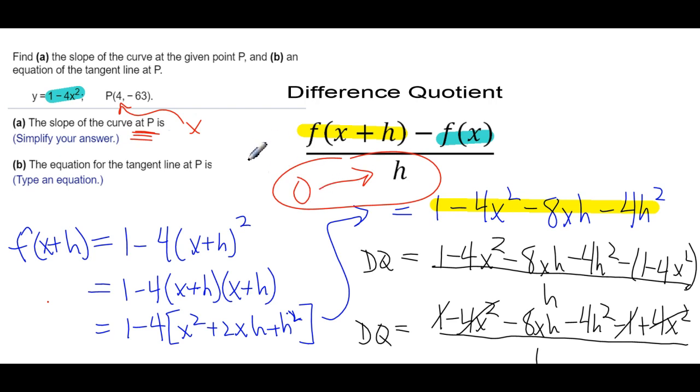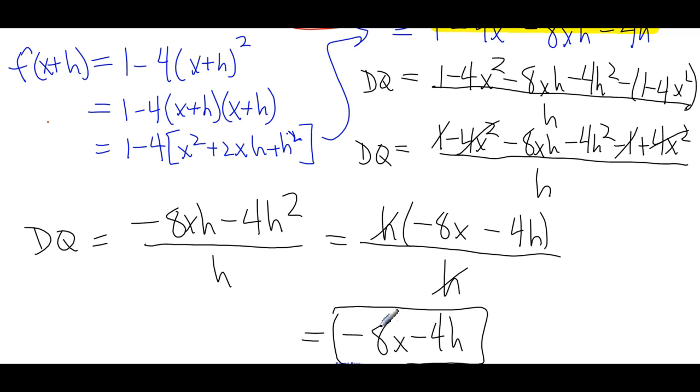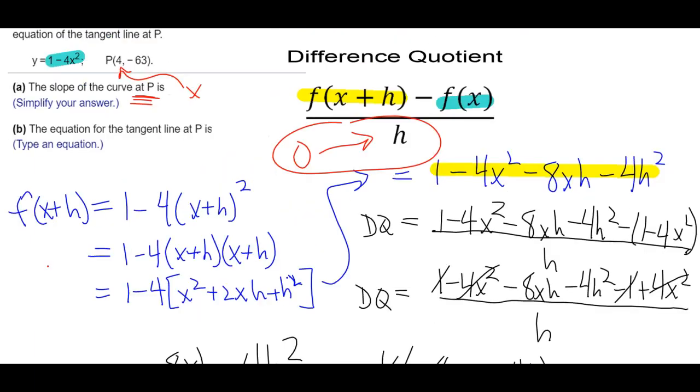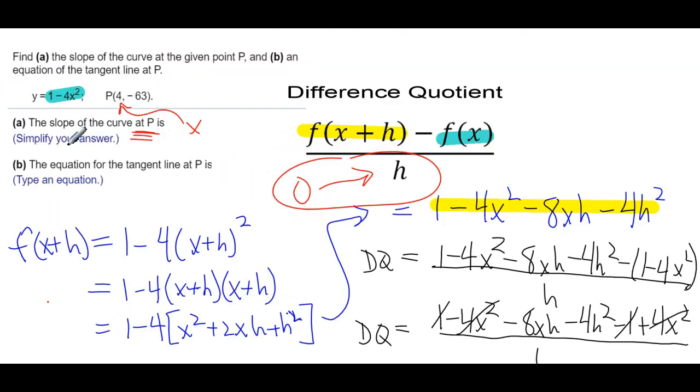So we're going to allow h to be 0 and x to be 4 in this formula. So if x is 4, we're going to get negative 8 times 4. If h is 0, we're going to have a minus 4 times 0, which is always going to go to 0. So this becomes our slope at that point. Alright, so we end up with the first part of this thing, the slope is negative 32.